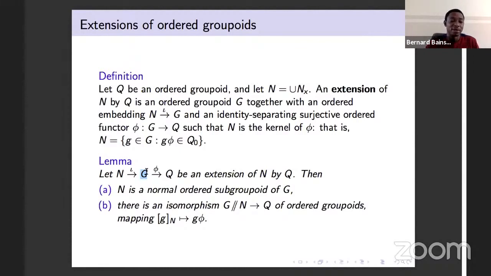Can we classify all of these? And so to classify that, what we also need is the notion of the cohomology of ordered groupoids. The most subtle thing is that we have to modify the cohomology theory a little bit to be able to accommodate the extra structures that have been placed on ordered groupoids, which are not present in a general group.